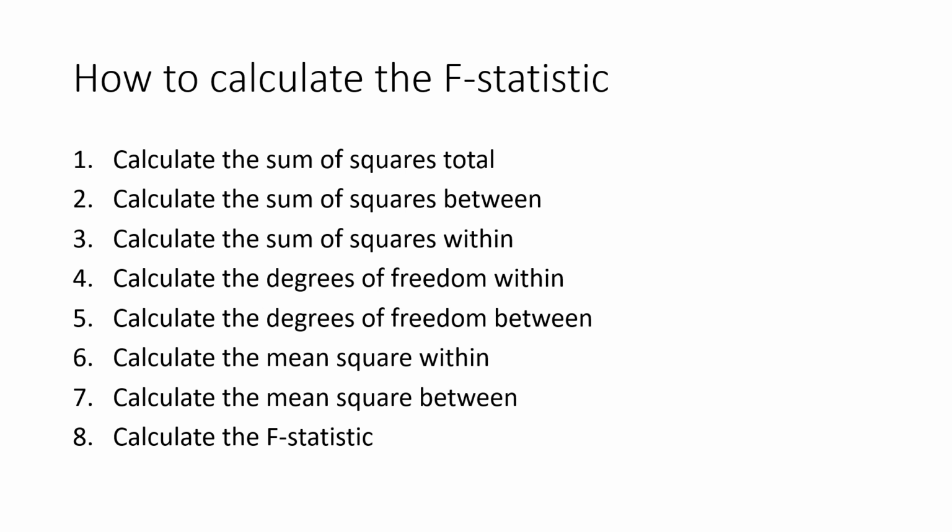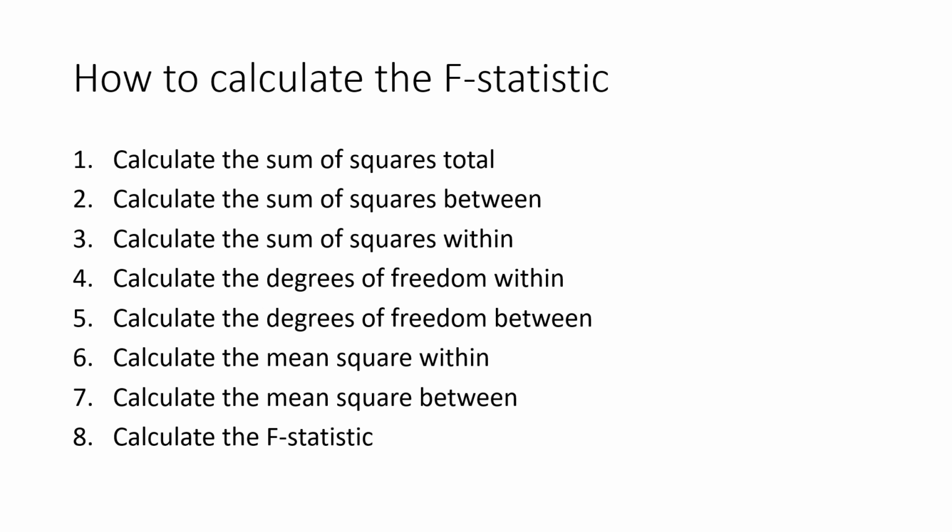So there are 8 steps for calculating an F statistic. I've articulated these 8 steps here, and I acknowledge that the calculation of an F statistic appears somewhat intimidating for individuals who don't consider themselves mathematically inclined.